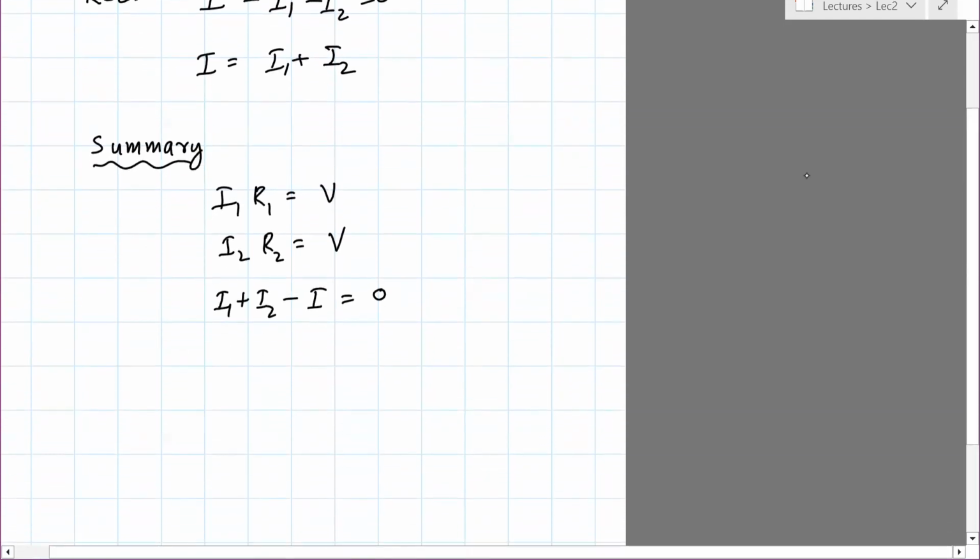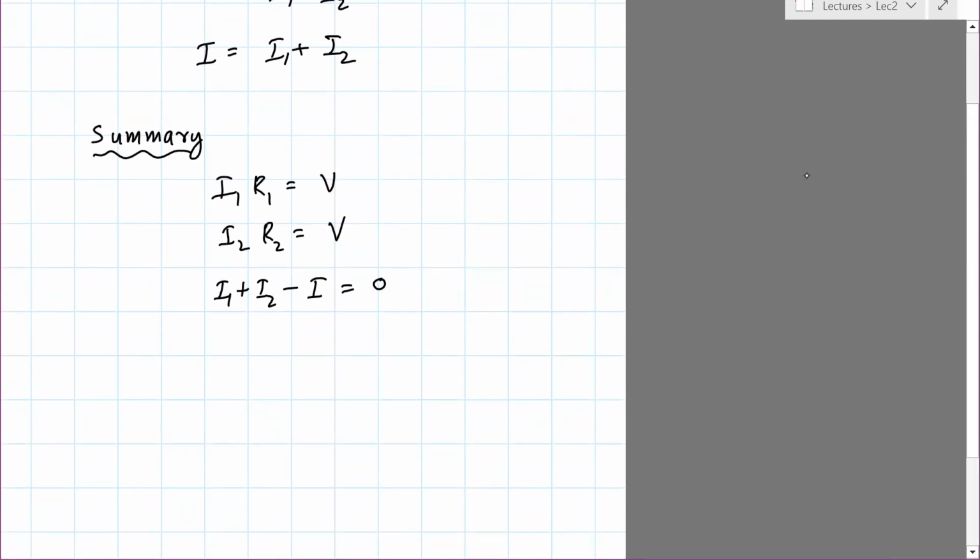And then you can solve this in multiple ways, including writing this as a linear equation. But here you can solve for I1 using the first equation. You can use the second equation to solve for I2. And you can use the third equation with what I found for I1 and I2 to compute I. So I1 is going to be V divided by R1.